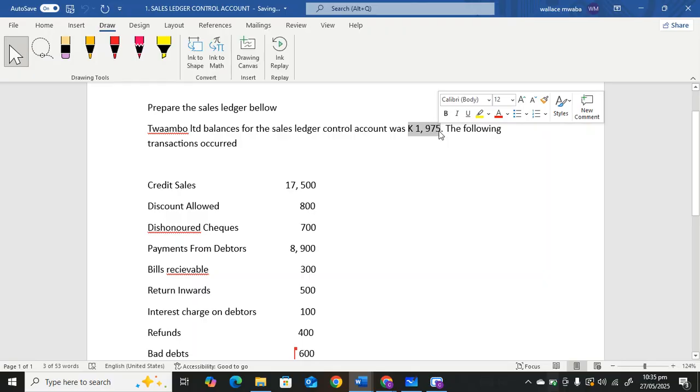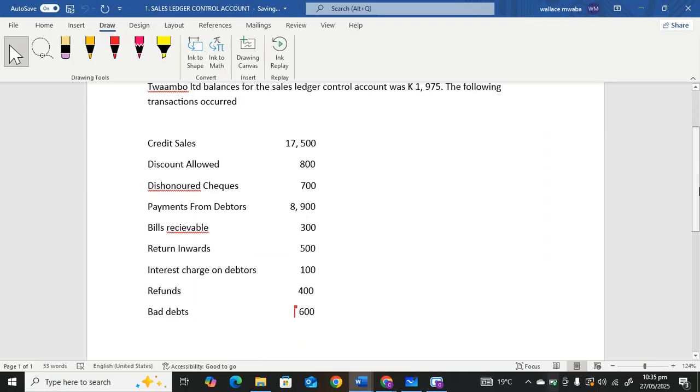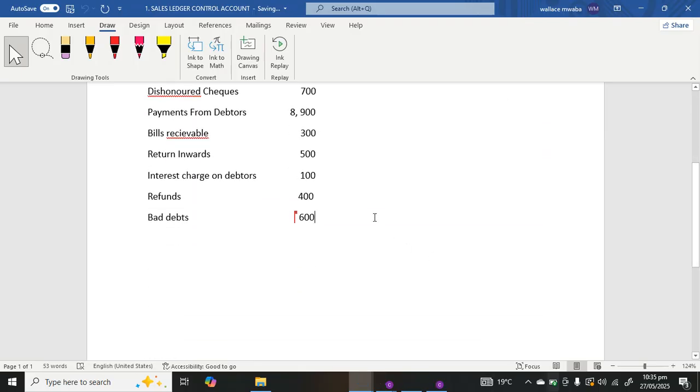So the opening balance is 1,975 kwacha. And since it's an asset account, where will the opening balance be put? Debit side or credit side? Debit side, correct. Okay, so let me just make this T account here.